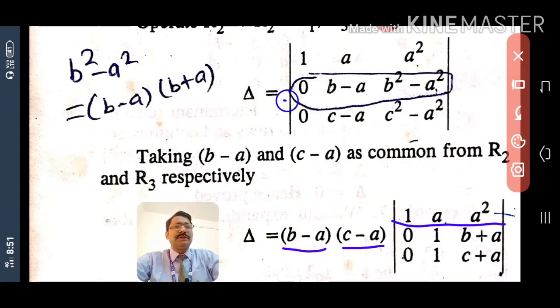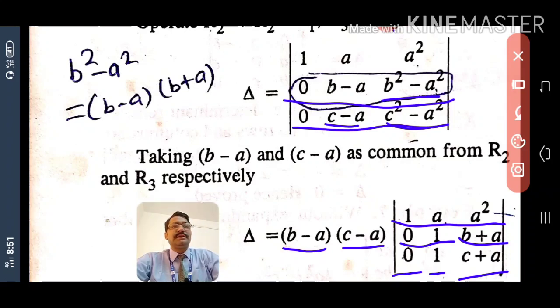From the second row you take common b minus a, so you get 0, 1, and from b square minus a square you get the remaining b plus a. From the third row you have 0, c minus a is outside, so 1, and c square minus a square gives c plus a.